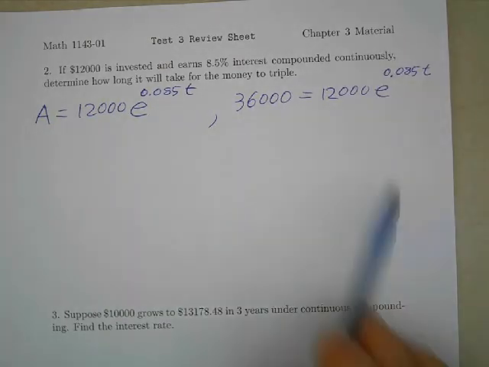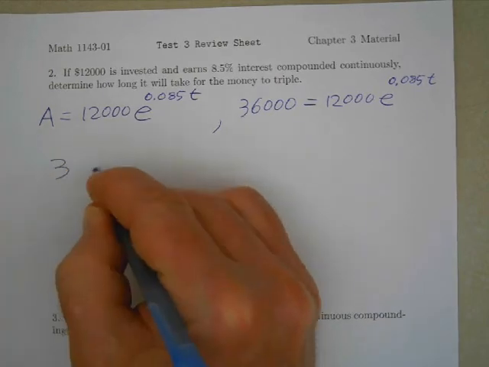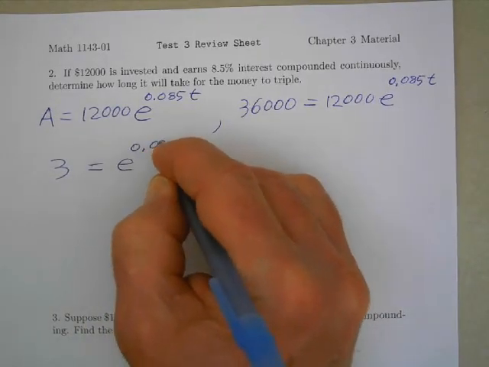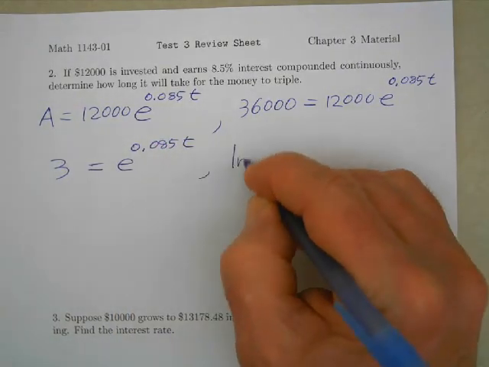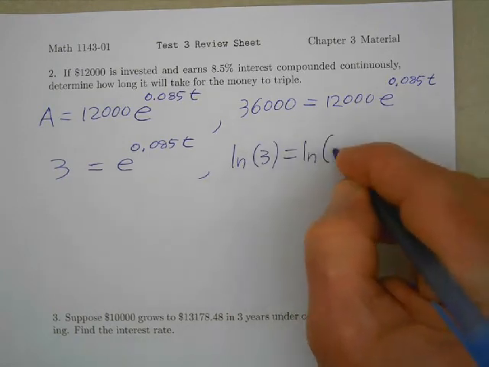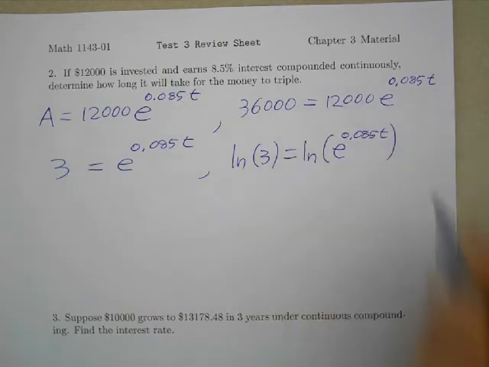And then divide both sides by 12,000. 36,000 divided by 12,000 is 3. So 3 equals e to the 0.085t. Then take the natural log of both sides. The natural log of 3 on the left-hand side equals the natural log of e to the 0.085t on the right-hand side.